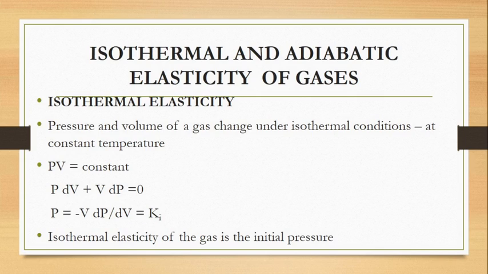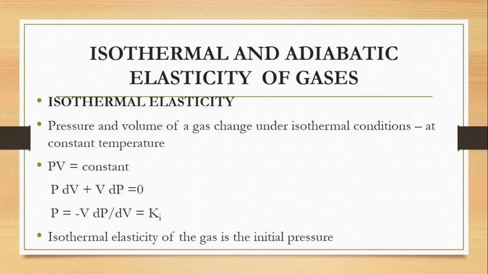So what we had done? We had taken the pressure and volume changes at a particular condition. Here the condition is at a constant temperature. That means the process is an isothermal process. Now the pressure and volume changes occur at this constant temperature, and we had written the expression for isothermal process, that is PV equal to constant.